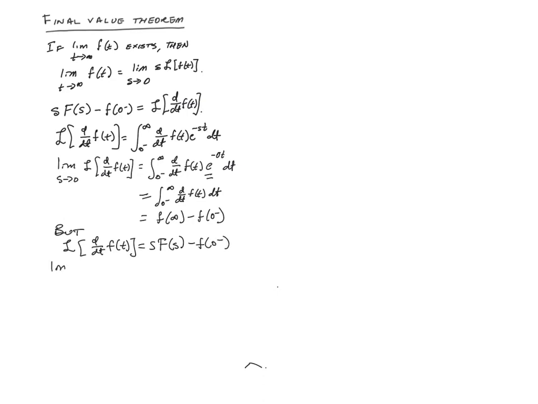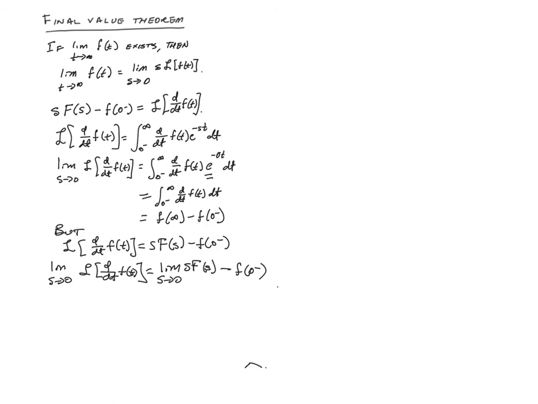So the limit as s goes to 0 of the Laplace of d by dt f of t is equal to the limit as s goes to 0 of s F of s minus f of 0 minus, because this expression right here is just a constant.